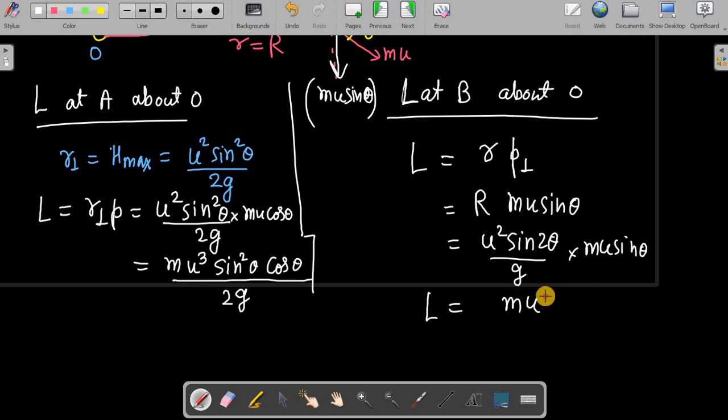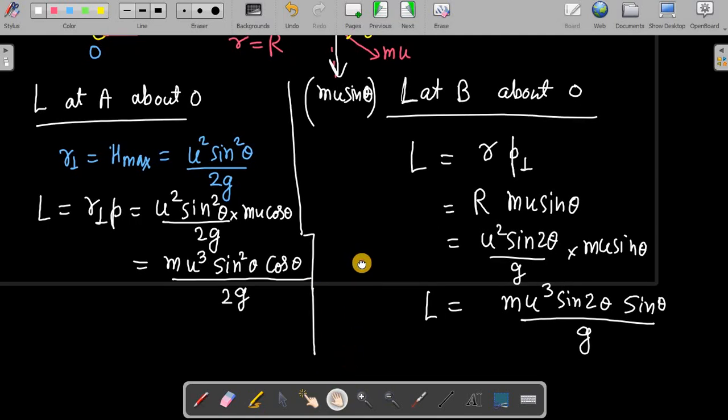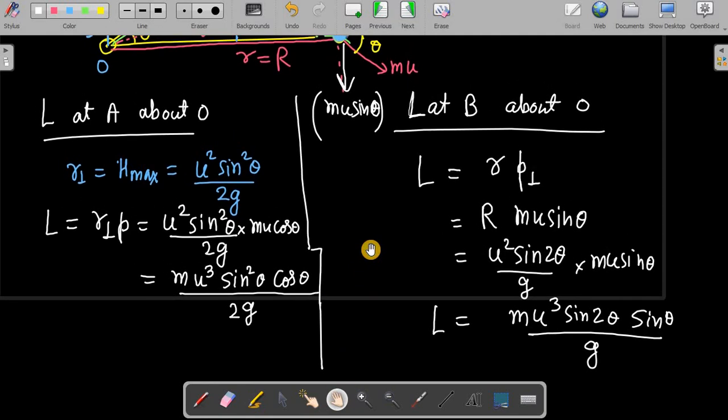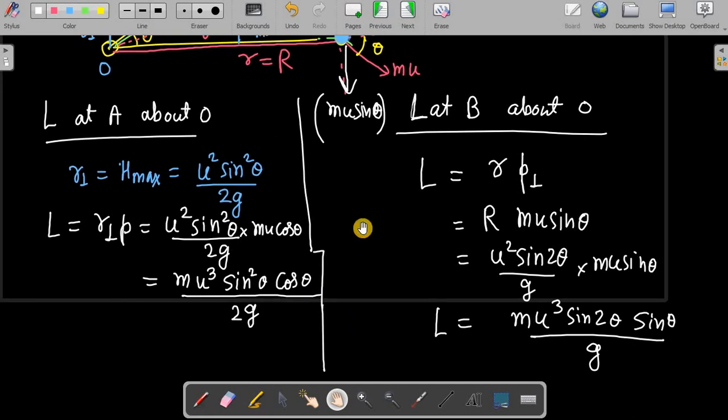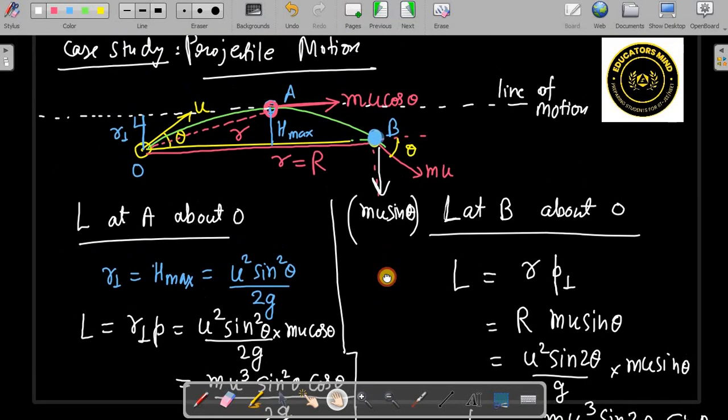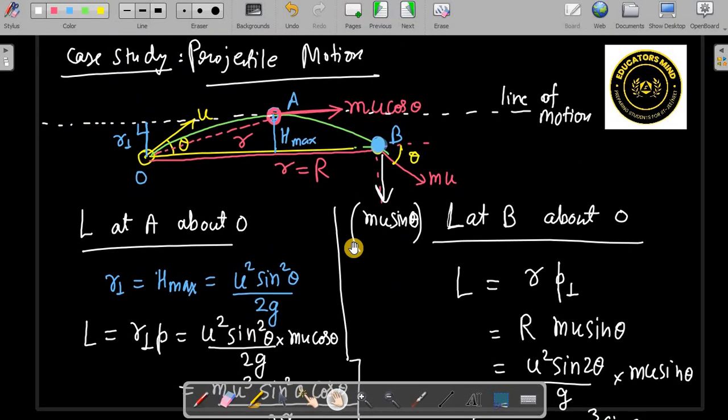Here it is m u cube sine 2 theta into sine theta by g. Correct? So you can calculate angular momentum in this manner, right? I hope you have understood this angular momentum calculation about a point. About a point we are calculating the angular momentum of the body.